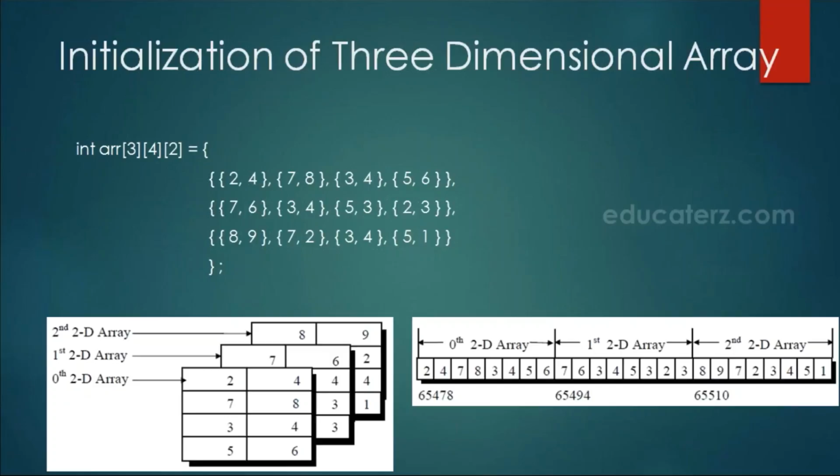We can even have initialization of this array, and this way we can display the array. It means a three-dimensional array is an array of two-dimensional arrays. A two-dimensional array is an array of one-dimensional arrays, whereas a one-dimensional array is an array of actual elements.